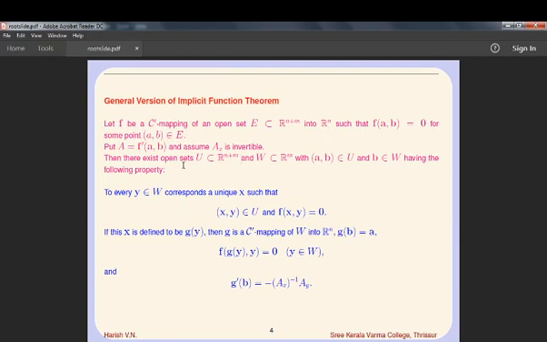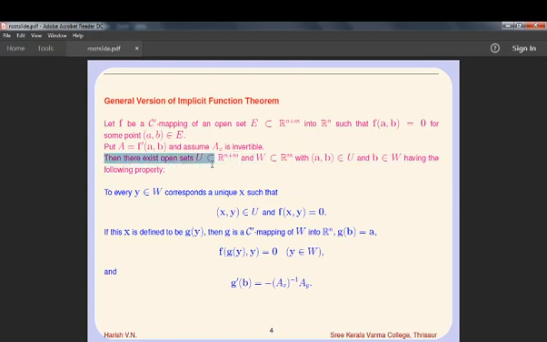And as in the earlier case, assume Ax is invertible. Then, so this is the assumption.